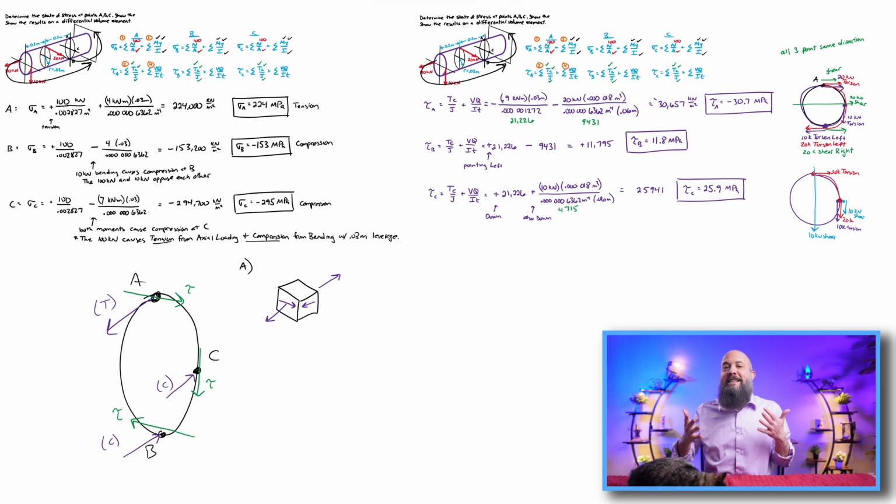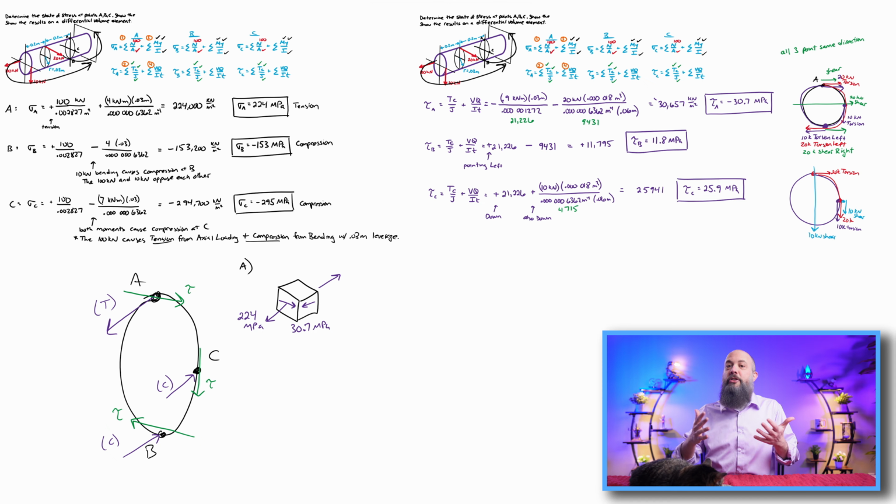Now, when I draw my differential stress element, I'm just going to take each of these purple and green arrows and place them on the close side of my square, just so I keep the orientation the same for all three of these. So for point A, my stress element is again pointing outwards and then pointing rightwards for shear stress.